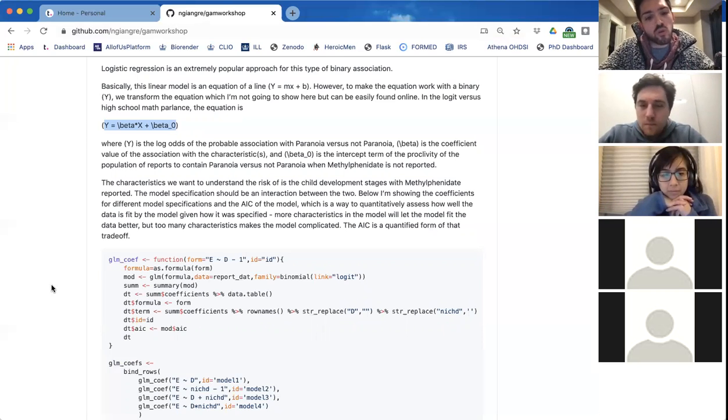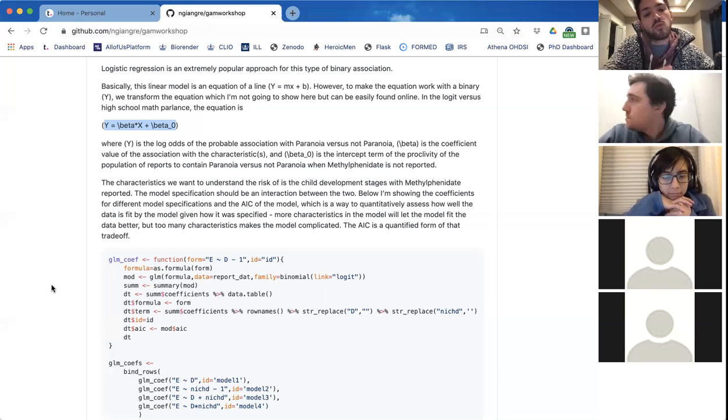Below, I'm going to show the coefficients for different models, and also what's called the AIC of the model, or Akaike's information criterion. And that's a way to quantitatively assess how well the data is fit by the model, given how it was specified.